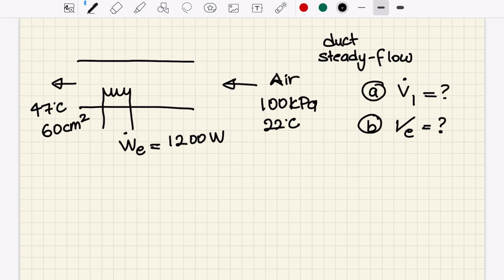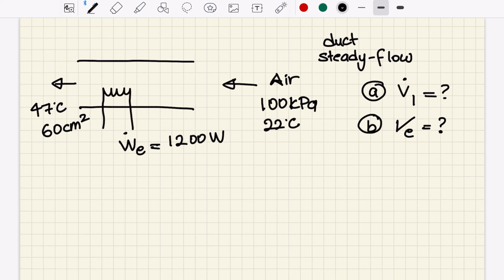Okay, let's take a look at it again. So our system is air. Air is flowing through a duct, and it is flowing through the electric resistors where it is heated, and its temperature was 22 at the inlet. It becomes 47 degrees Celsius at the exit.